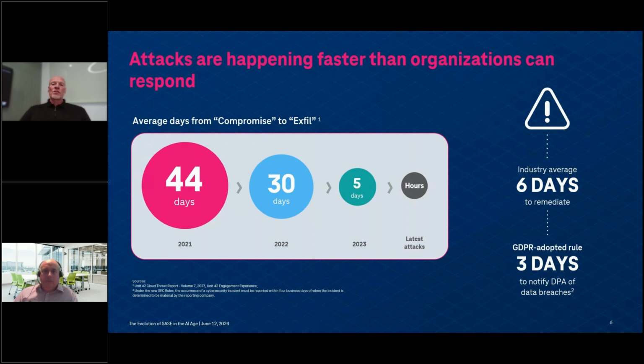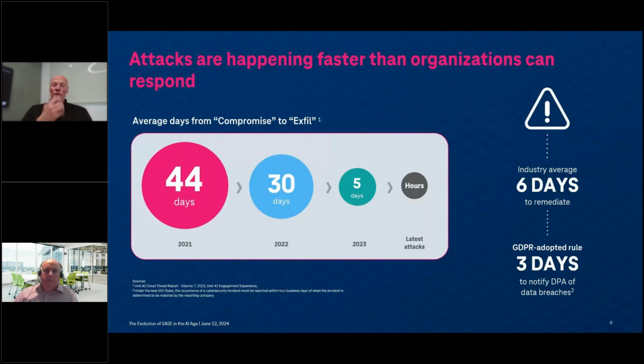Across 65,000 Palo Alto Networks customers from all around the world, we've seen nearly 20 million unique zero-day attacks, and that's going back to what I said earlier on. Palo Alto did a malware investigation showing a 400% increase in attempted exploits. And attacks are happening faster than organizations can respond.